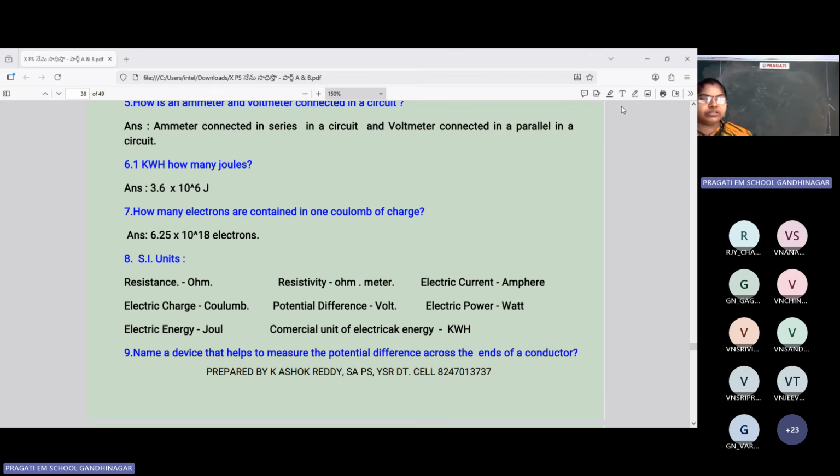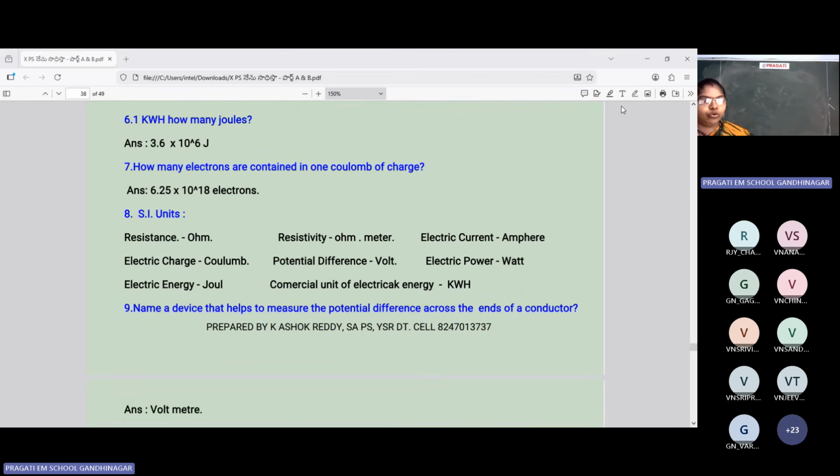Next, how many electrons are contained in 1 coulomb of charge? See, what is the formula you have to use? Q is equal to Ne. Q is given as 1 coulomb. Here he asked how many electrons, so N is the unknown, and we know e, the charge of the electron, is 1.6 into 10 to the power of minus 19 coulombs.